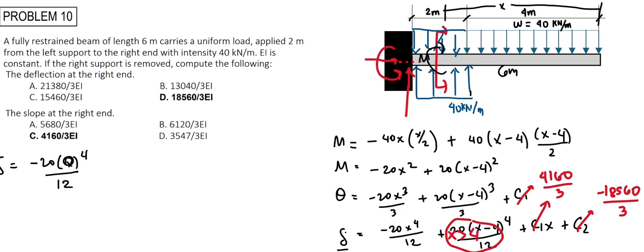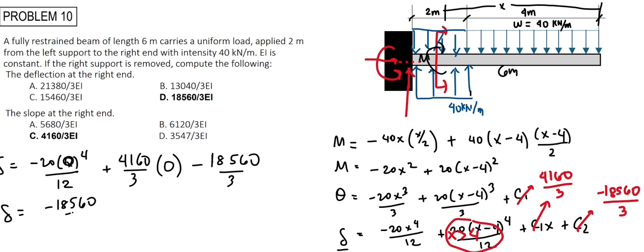So we'll proceed with adding c sub 1, that is 4160 over 3 times x equal to 0, minus 18,560 over 3. We get our fraction that is equal to negative 18,560 over 3, since these two expressions will yield a value of 0.